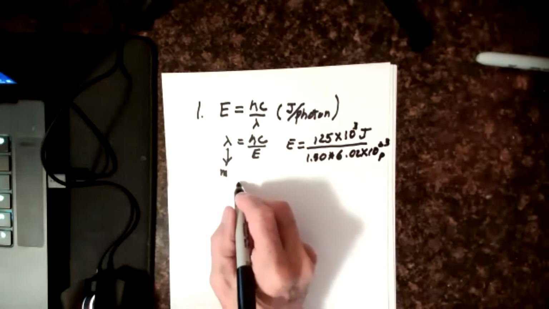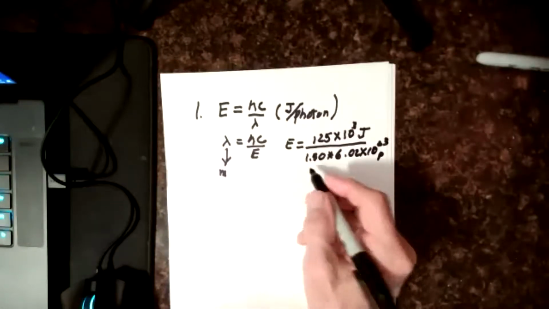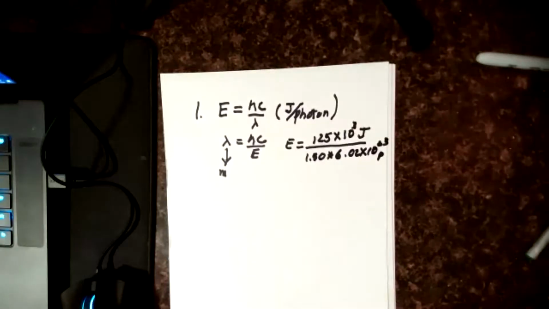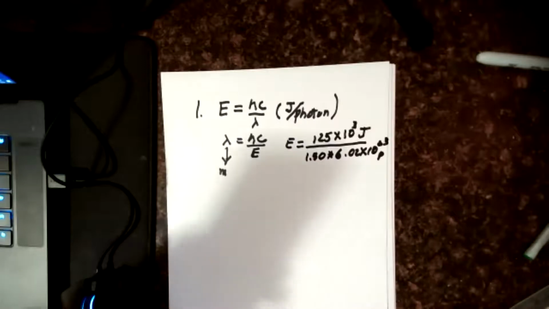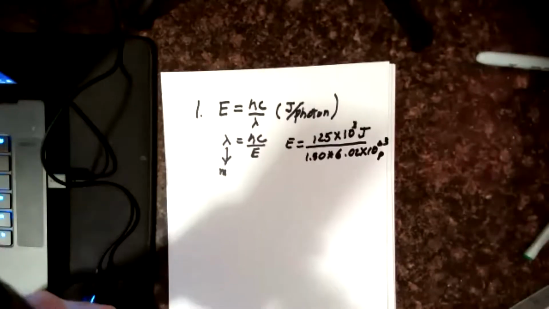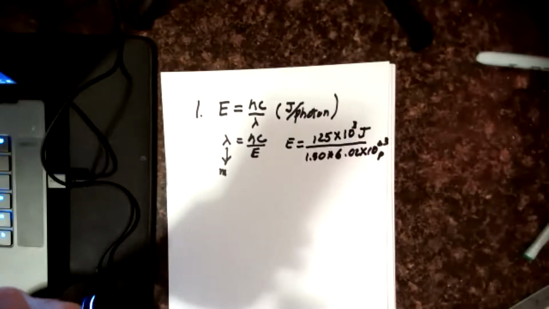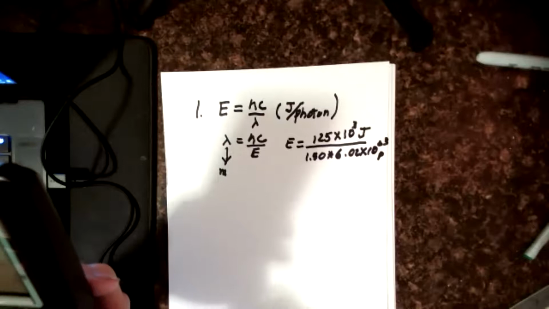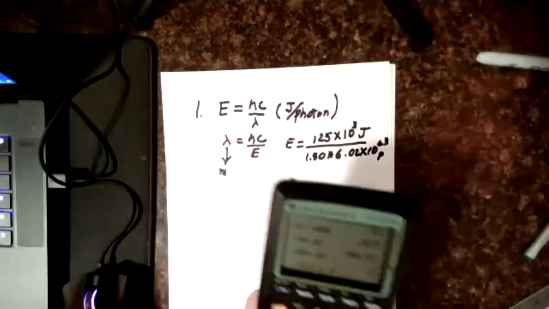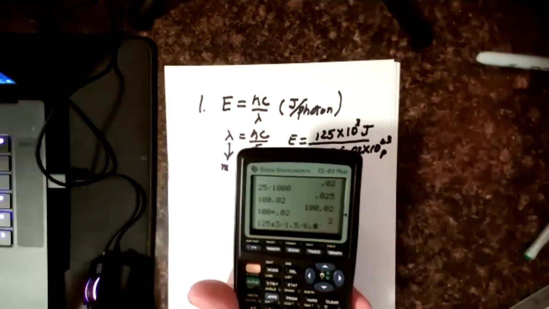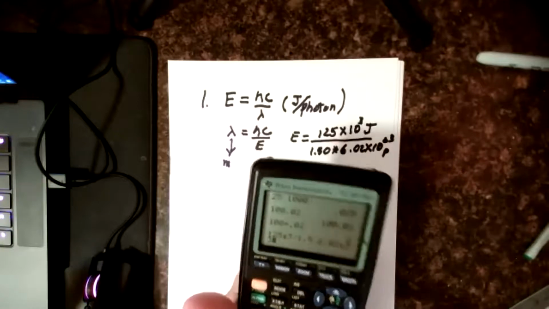I'll go ahead and calculate this, and let's see what we get when we do that part of the problem. All right, we get 125 with an exponent of 3. I want to divide that by 1.5 and divide that by 6.02, exponent 23.